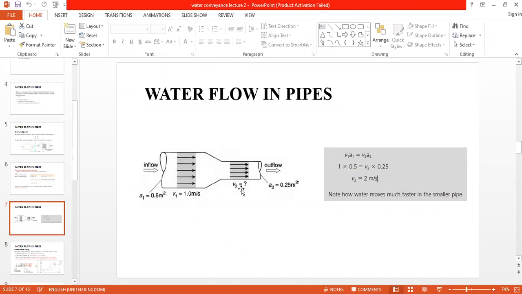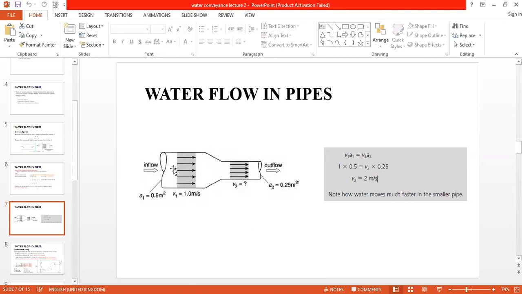Now, if you have a pipe that is bigger at one end and smaller at the other end, it means that for the discharge to be equal where there's the bigger pipe and where there's the smaller pipe, at the end where it's smaller, the velocity has to increase so that you have a lot of water coming out at that end because this pipe is smaller.